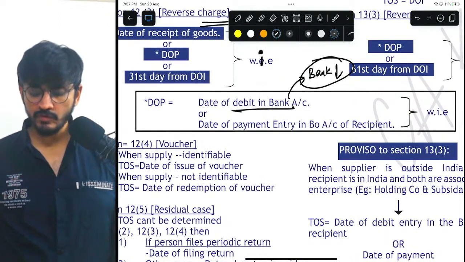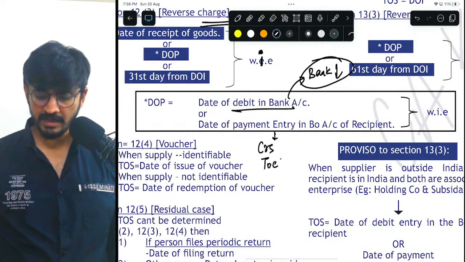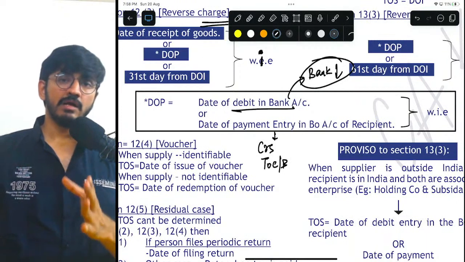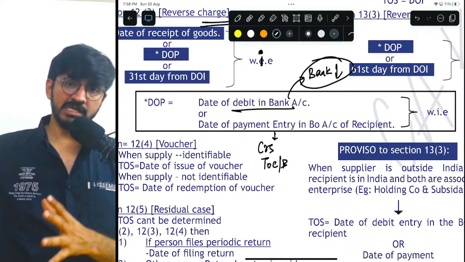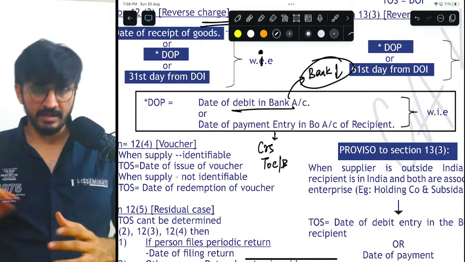And payment entry in the books of accounts of recipient. What do you mean by that? Let's say for example, you make the entry creditor to cash bank. Why? Because initially when you did the purchase, you had passed an entry purchase to creditor. Now you are paying the creditor, so creditor to cash bank entry.